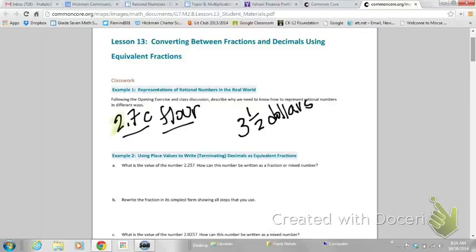We talk in dollars and cents, and it's just the way our system is set up. It doesn't mean that it will stay the same forever, but for now it is. 2.7 cups of flour would be 2 7/10 cups of flour.